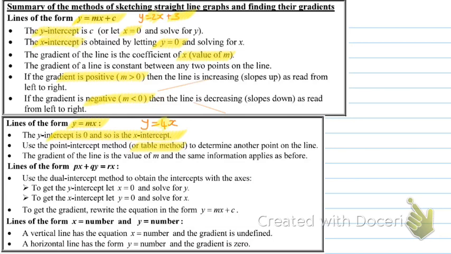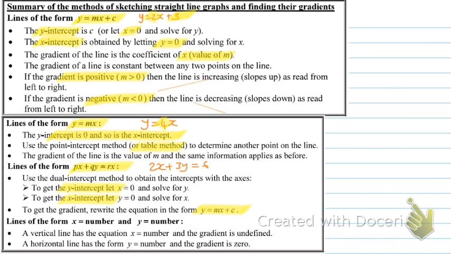Then if I have a line in the form px plus qy is equal to r, like 2x plus 3y is equal to 6, for instance, I can use the x-intercept and y-intercept to draw the line, and I can find the gradient by rewriting it in the standard form y is equal to mx plus c. So I just get y alone.